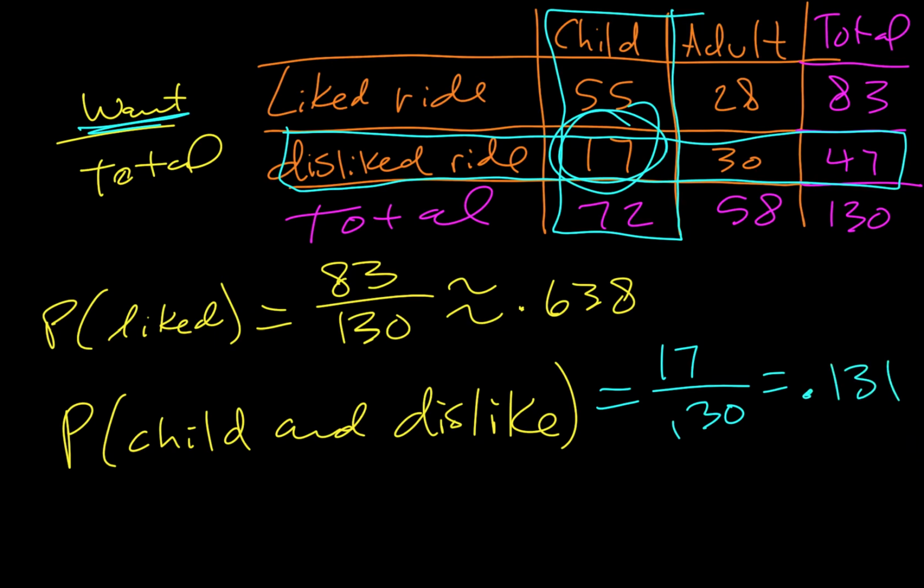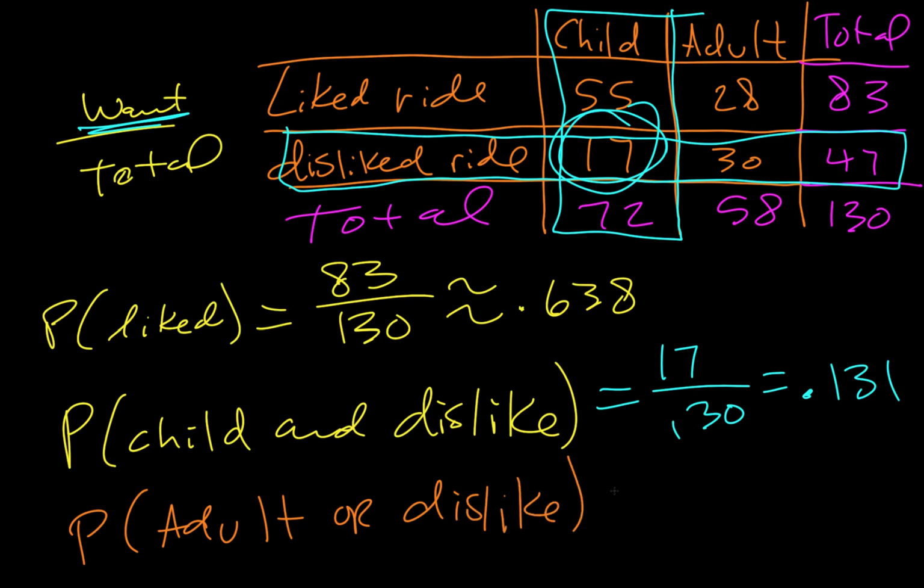Okay, and the last one says, is an adult or dislike the ride? So adult or dislike. Okay, so or works a little bit different. So we actually want total adults.